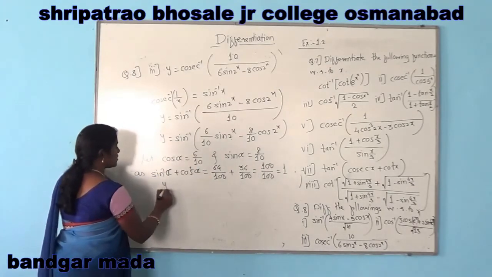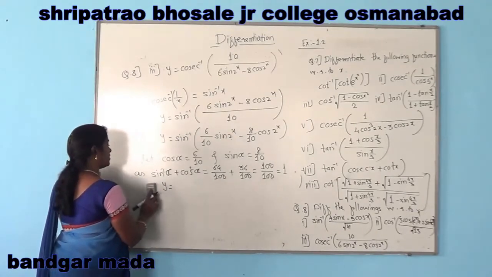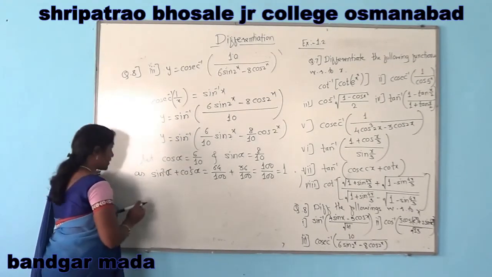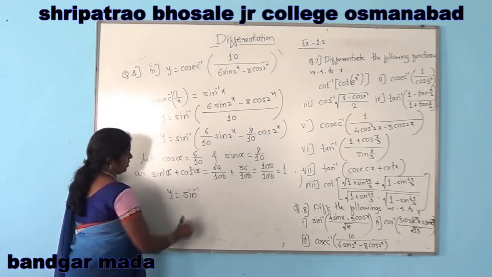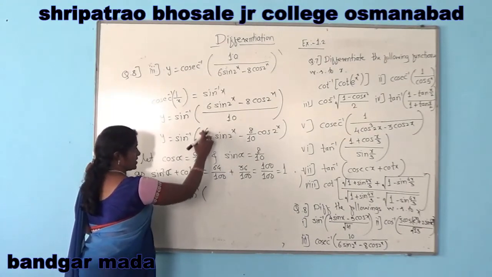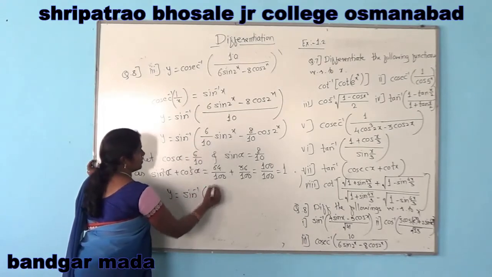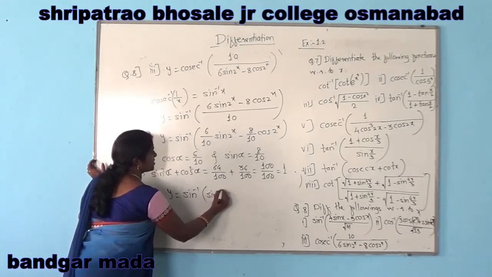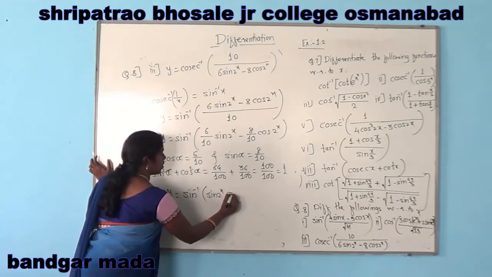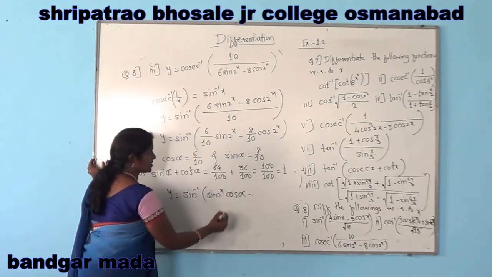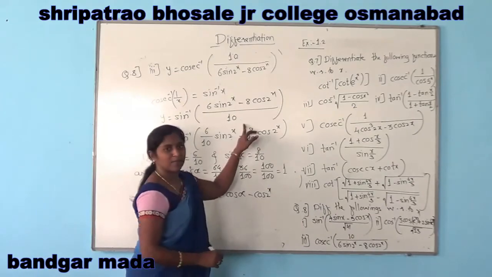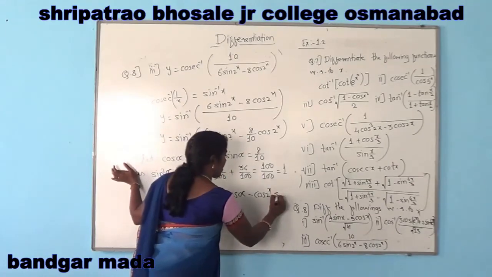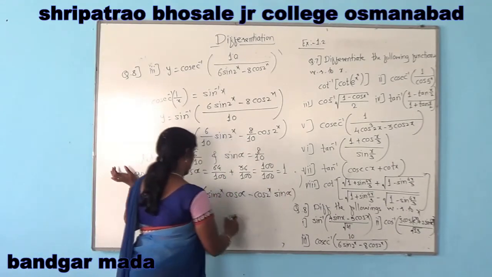We can replace this. So y is equal to sin inverse of this 6 by 10 as cos alpha times sin 2 raised to x as it is, minus cos 2 raised to x as it is times 8 by 10, which is sin alpha.